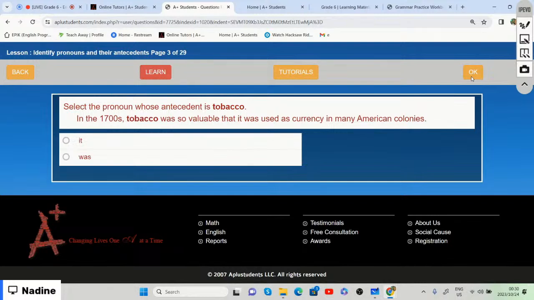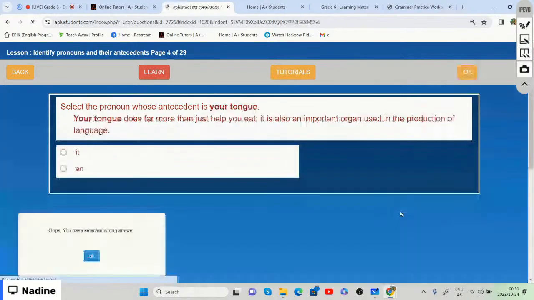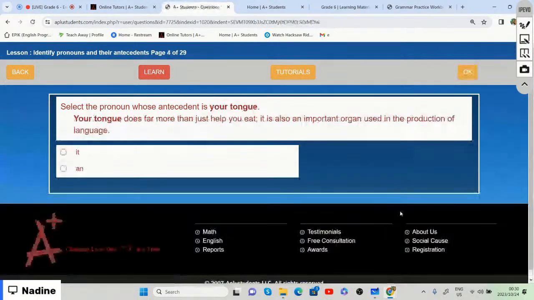All right, so if we select the pronoun whose antecedent is tobacco, then we can say it was used as currency. So it refers to tobacco.